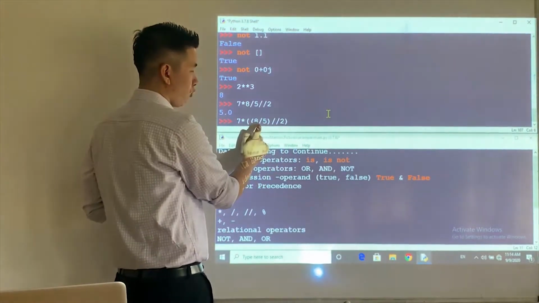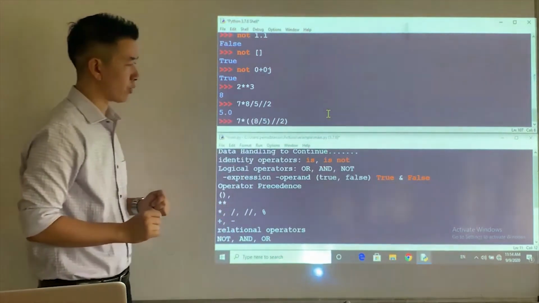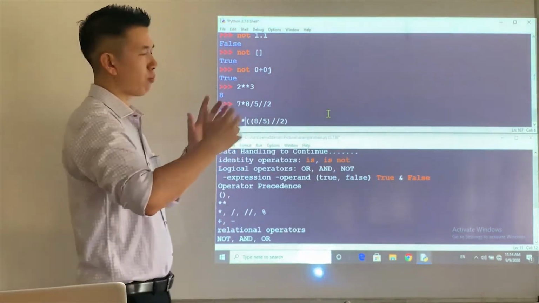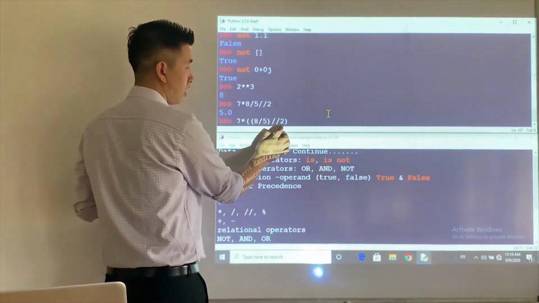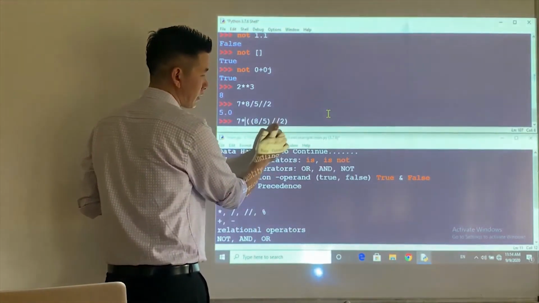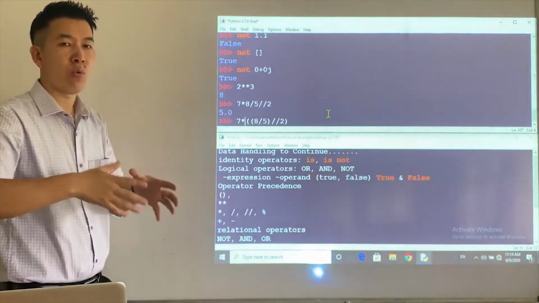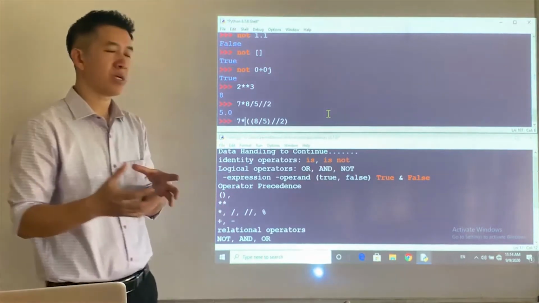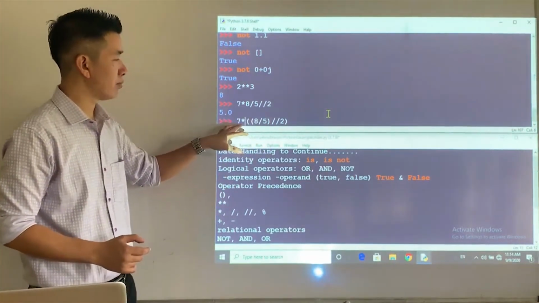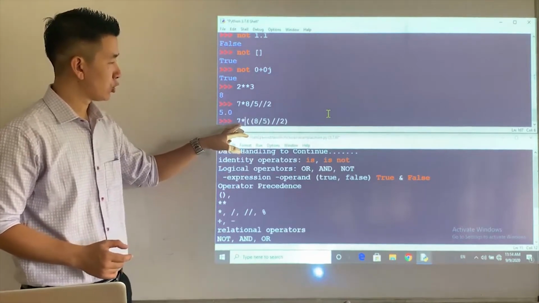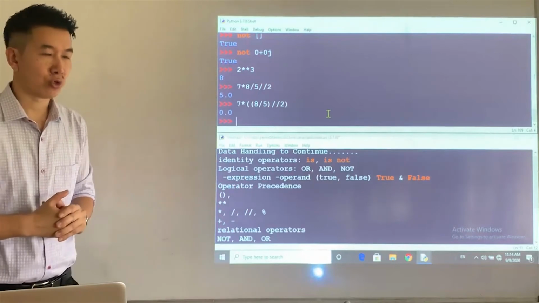So 1.6 divided by 2, you will get 0 point something. But since this is a floor division operator, it will come out with a lower integer value, which has to be 0. Then comes the multiplication operator. So 7 multiplied by 0 will be 0.0.